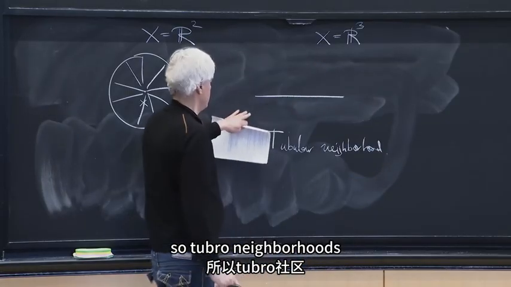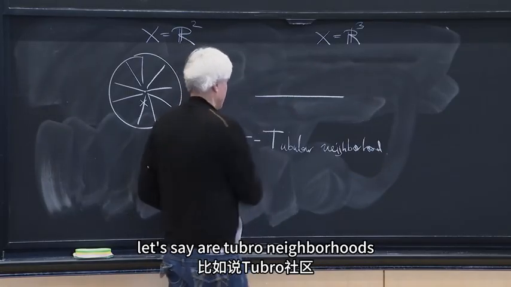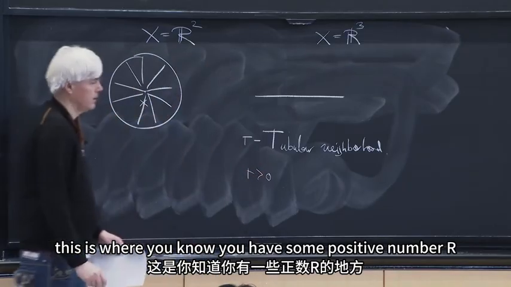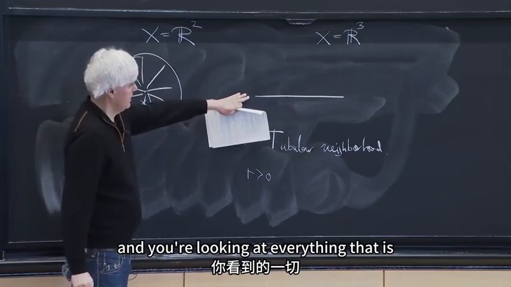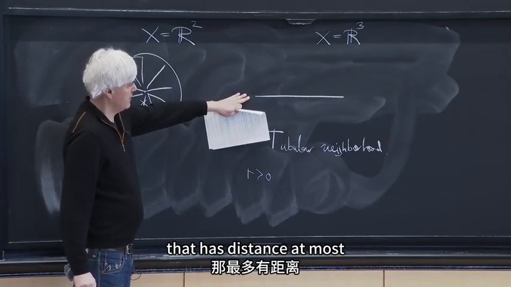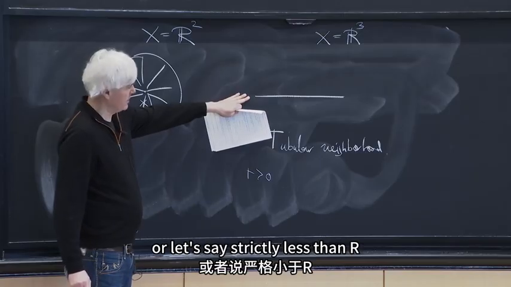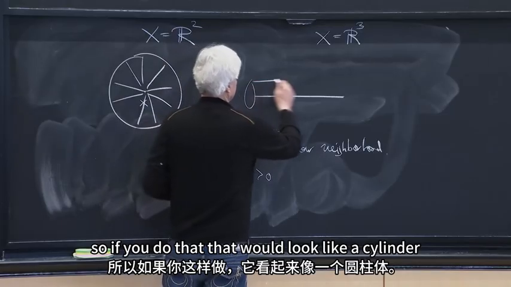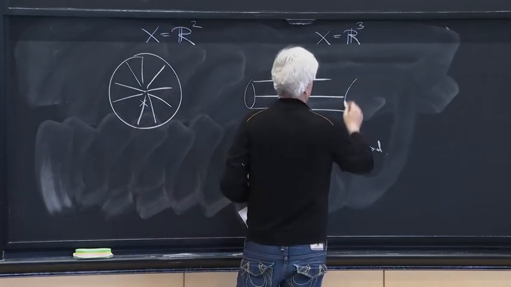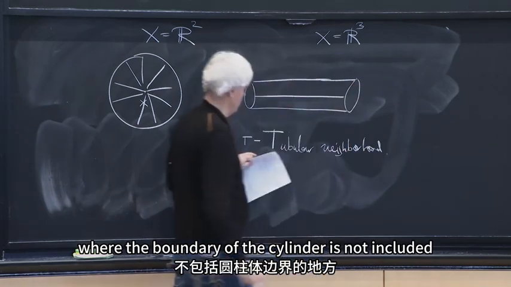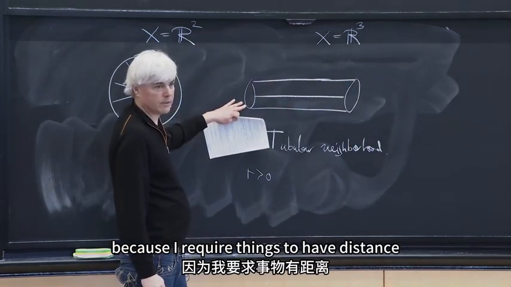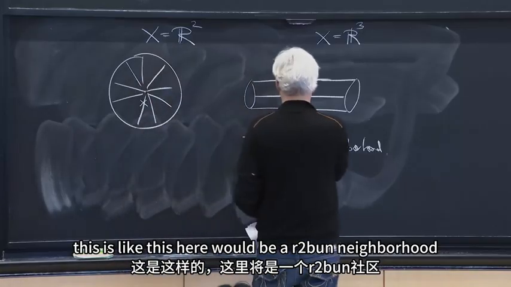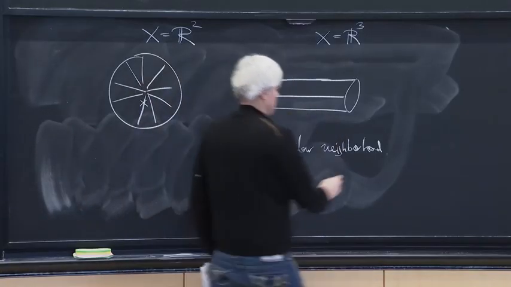An r tubular neighborhood is where you have some positive number r, and you look at everything that has distance strictly less than r from this line. That would look like a cylinder, where the boundary is not included because I require distance strictly less than r.